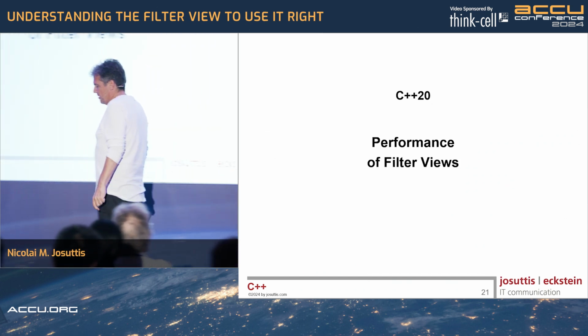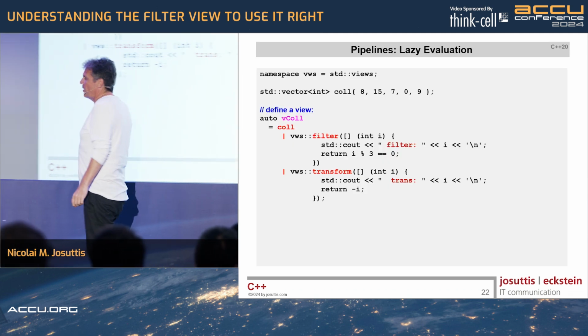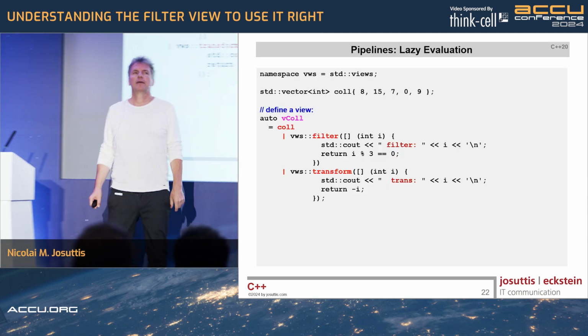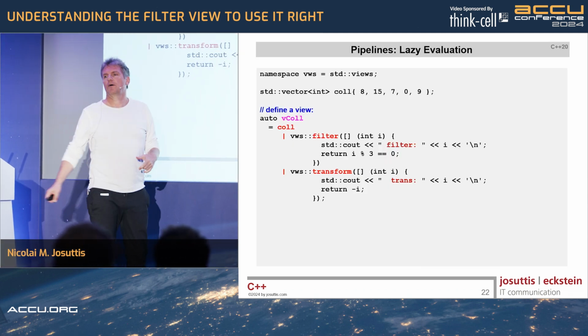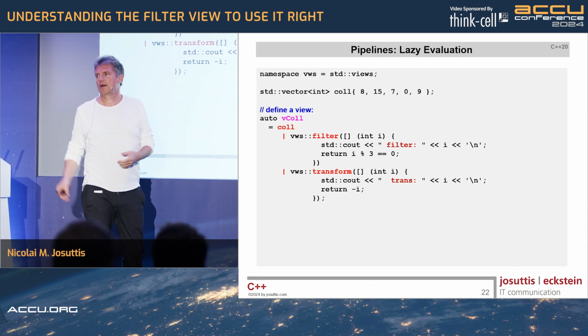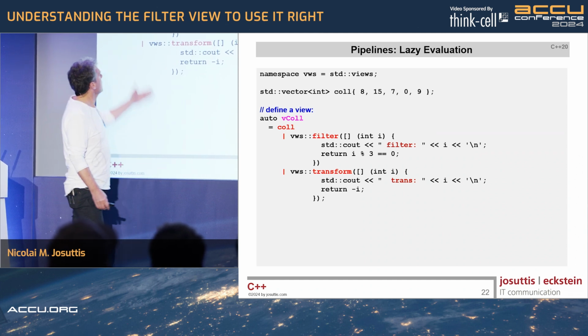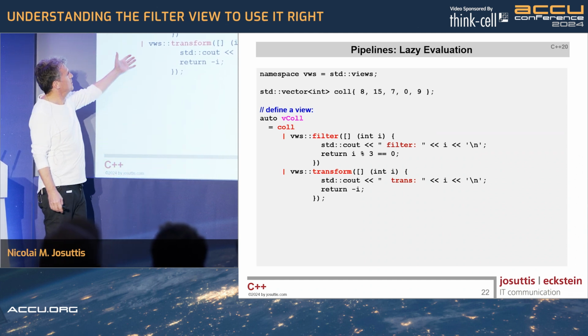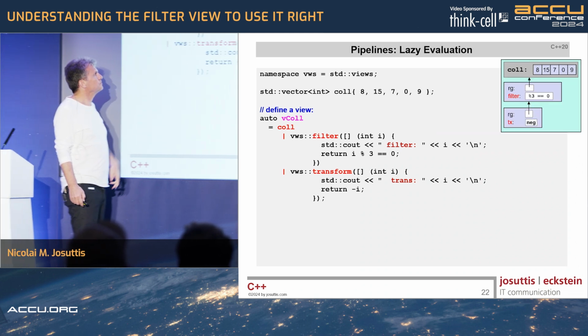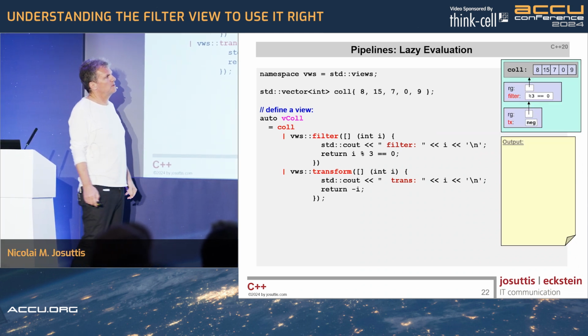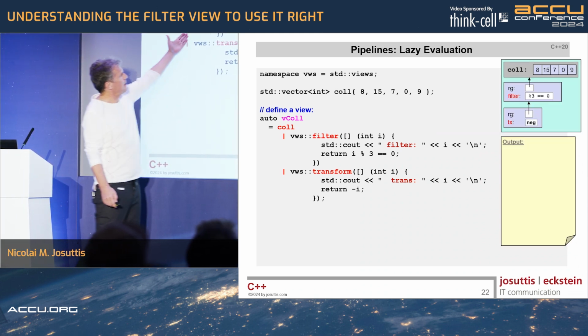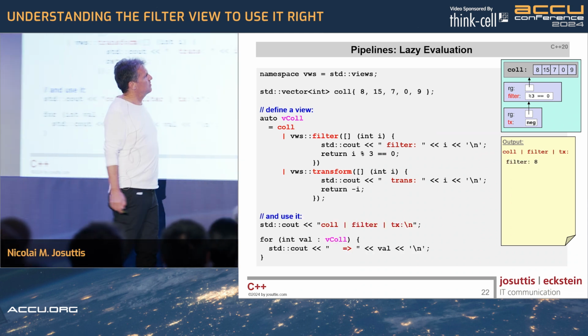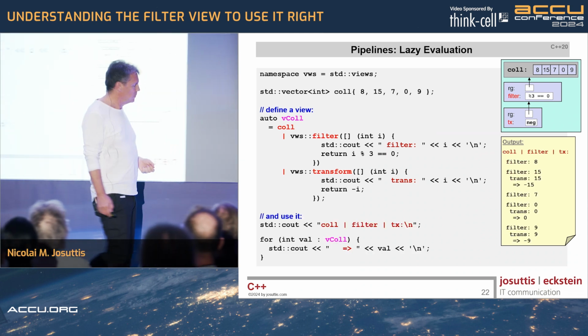What is the performance of this? Well, first of all, you might be very worried that we have so many functions involved and they play together, etc. So again, collection pipe into a filter, pipe into a transformation. That is what we just see here. Well, let's add a print statement, just to prove that I told you right.